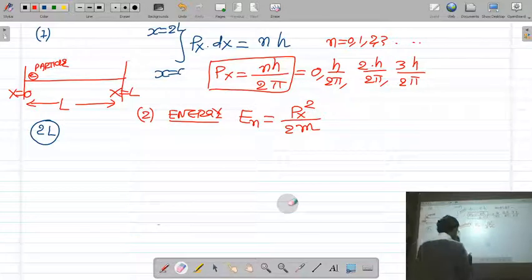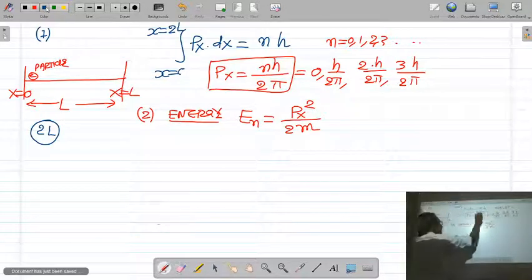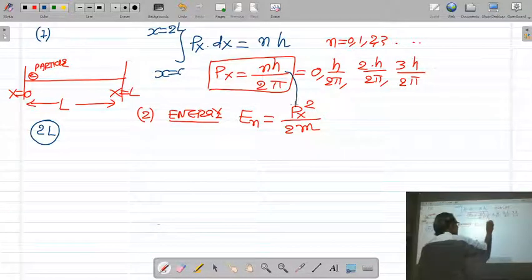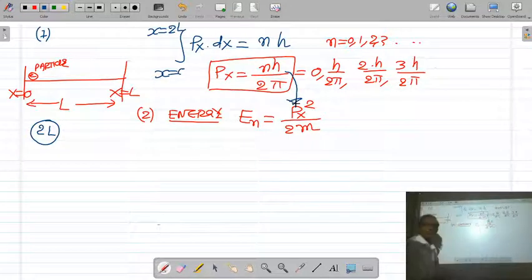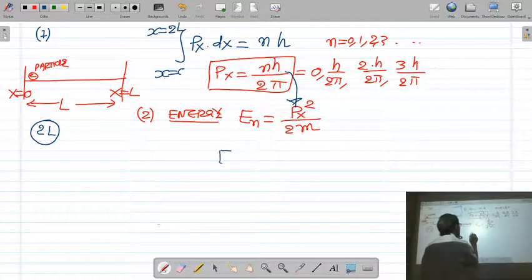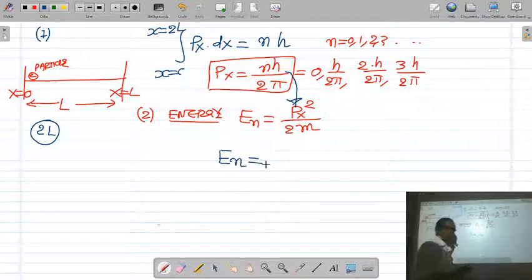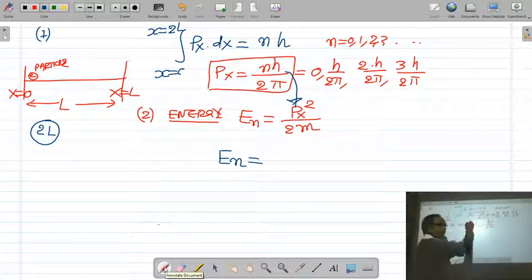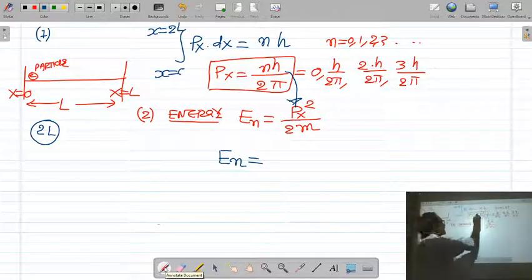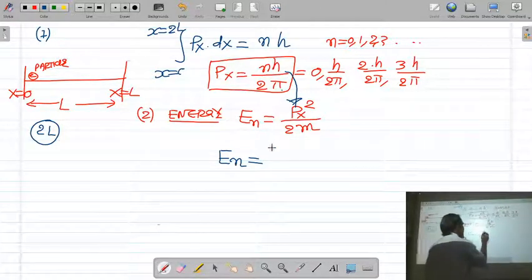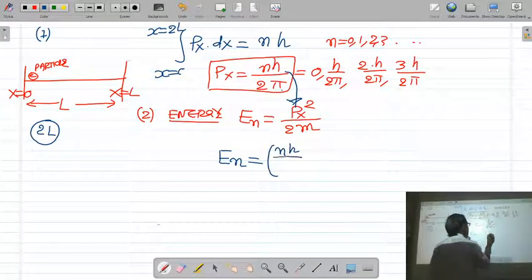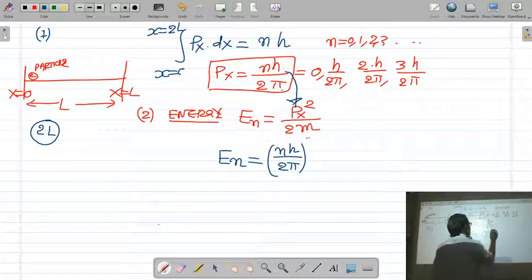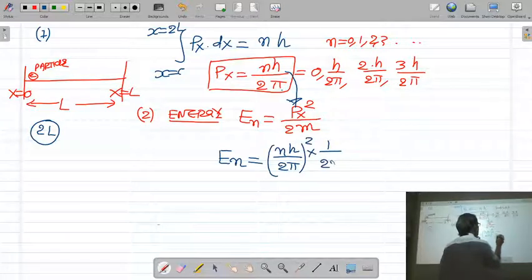Now if you substitute the value of momentum px, you will get the energy of the particle moving in a one-dimensional box. So the energy of the particle is equal to, what is the momentum? The momentum we have calculated from the phase integral is nh upon 2l. So I write here nh upon 2l whole square divided by 2m.